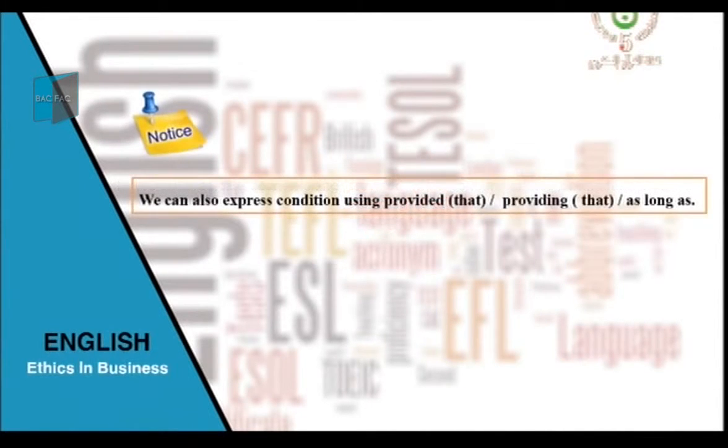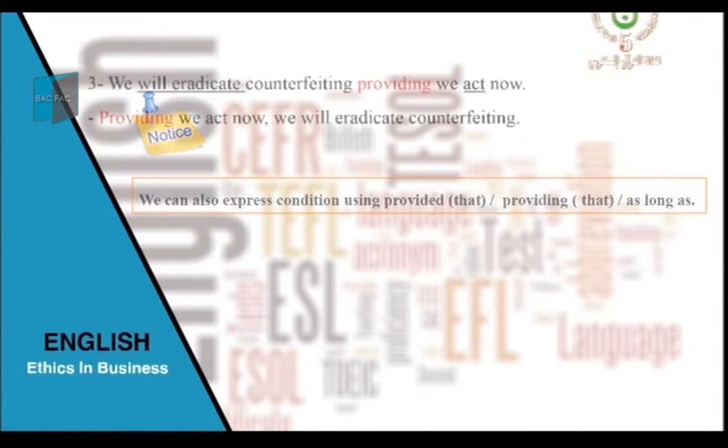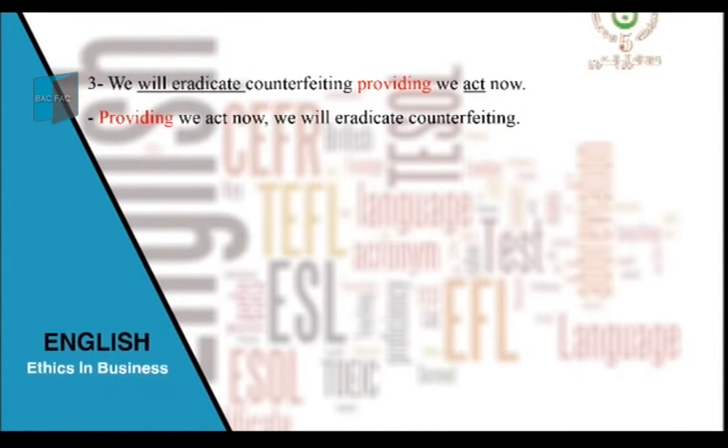Right, it was the same sentence, but this time we replaced the word if by provided that, providing that and as long as. So look again at the sentence below. We will eradicate counterfeiting providing we act now. Providing we act now, we will eradicate counterfeiting.